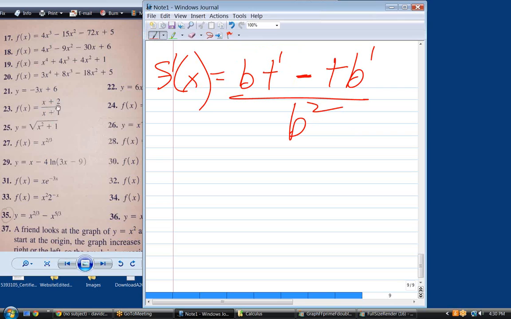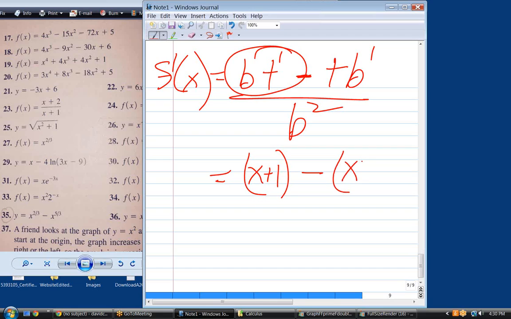So in these two functions, what's this part? The bottom would be x plus 1 times 1, minus x plus 2 times 1 again, so all over x plus 1 squared.